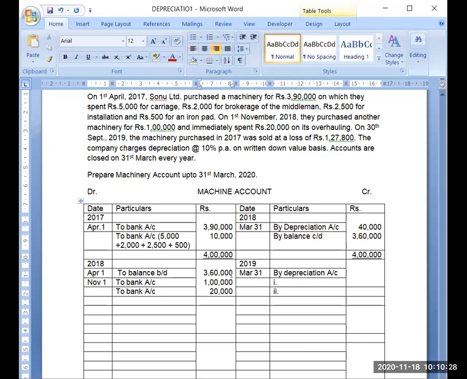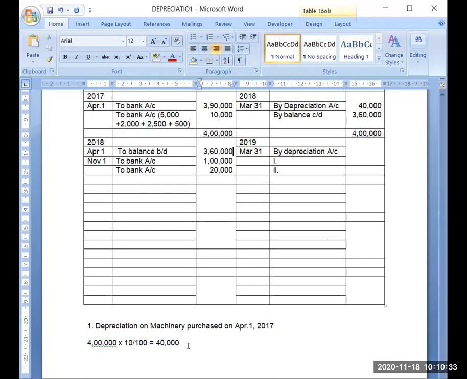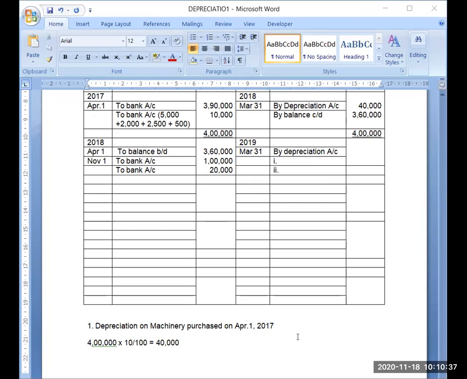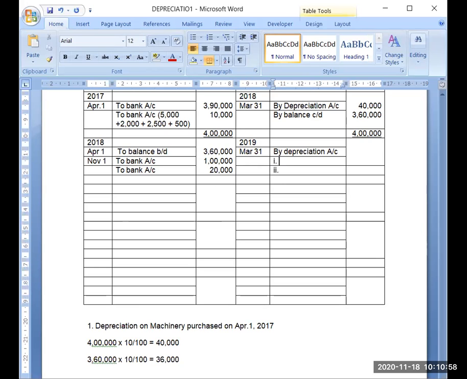So the new written down value for this first machine is 3,60,000. So we will calculate its depreciation here. 3,60,000 multiplied by 10%. For 1 year it will be 36,000. So for first machinery the depreciation will be 36,000.